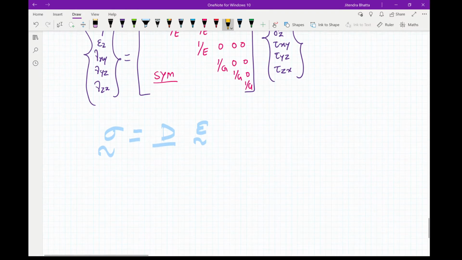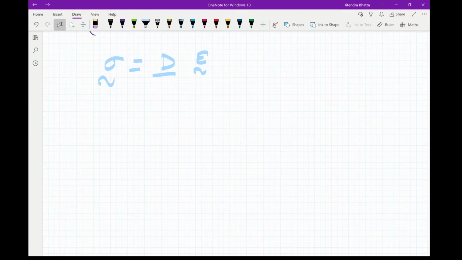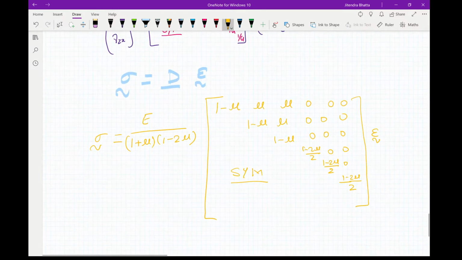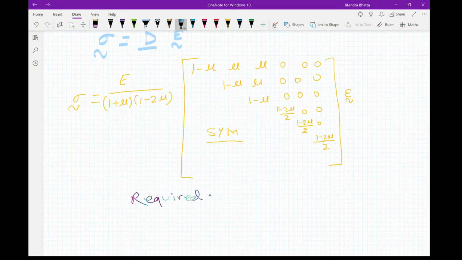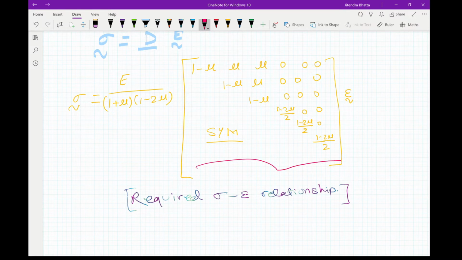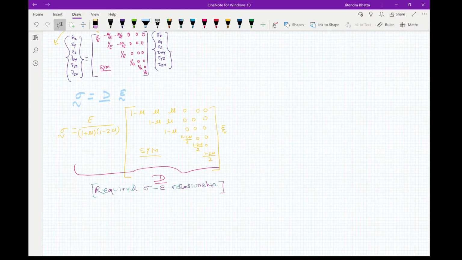When you do that, what you will get is our required stress-strain relationship. This is how you derive your relationship, and all of this will be your D matrix.